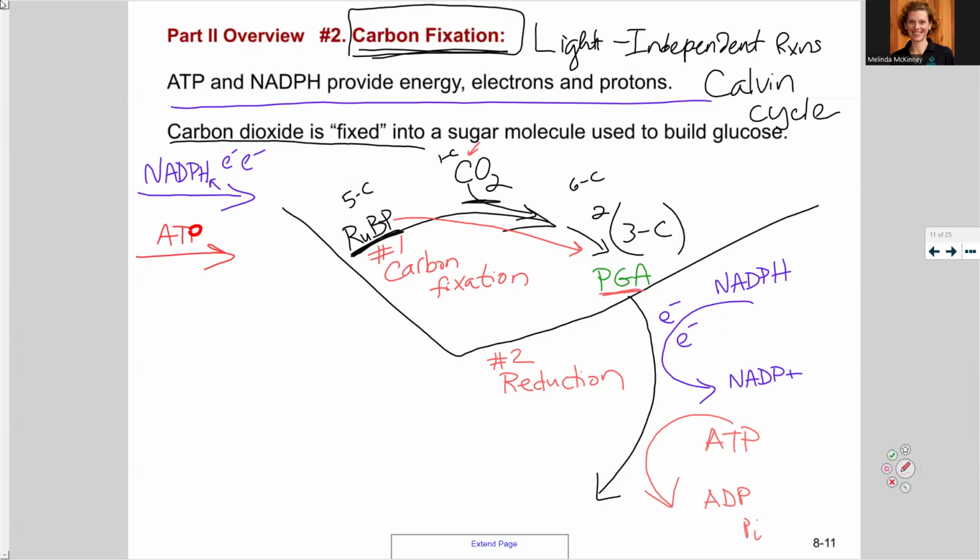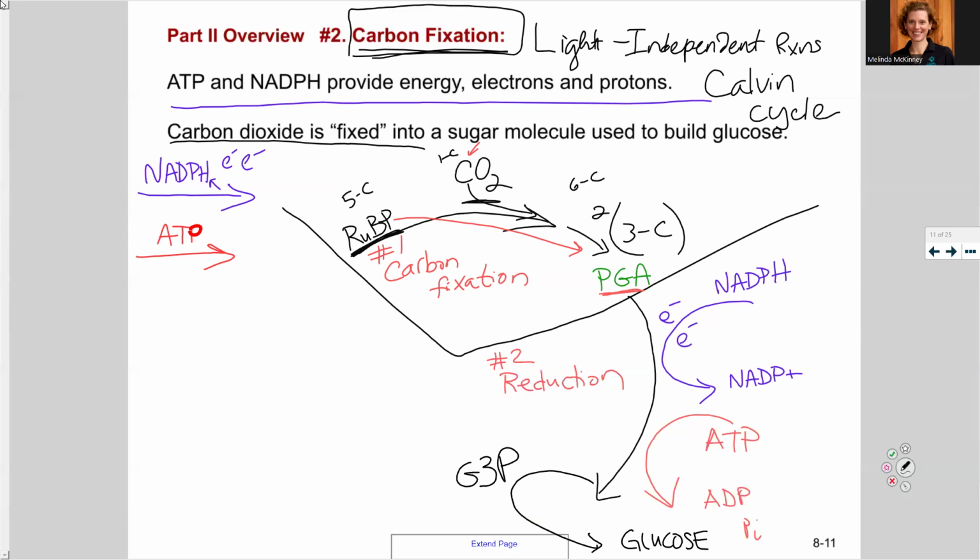This molecule PGA ultimately turns into another molecule that's called G3P. And that molecule, when it leaves the cycle, will make glucose. So it'll turn into glucose in a later step. Okay? We're not going to go into that.